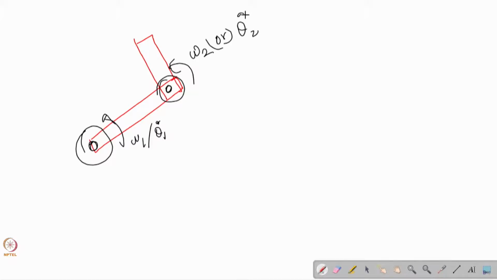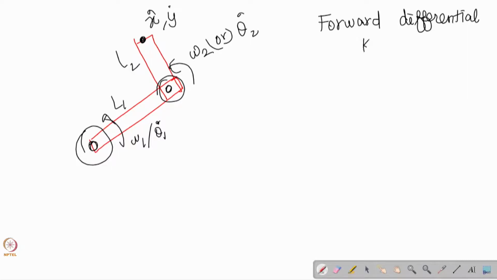You take a motor and you fix the rotational speed omega 1 and omega 2, in the sense theta 1 dot, theta 2 dot. So you fix it, and L1 and L2 are known. So you are trying to find out what x dot and y dot are, right? In that sense it is straightforward, which we call forward differential kinematics.